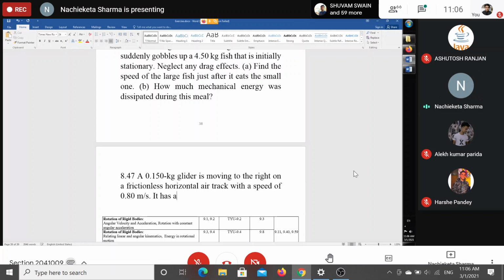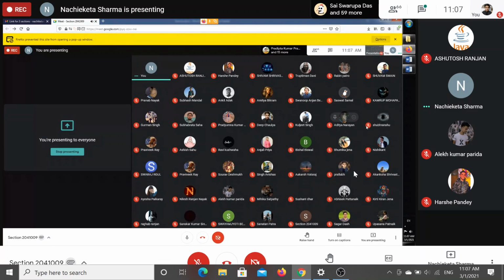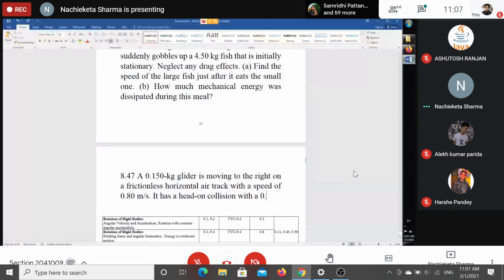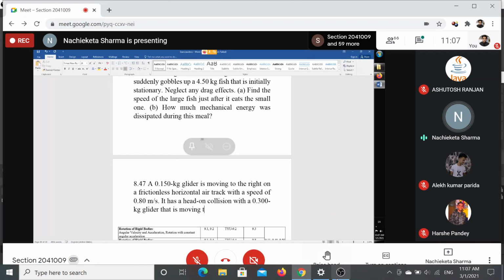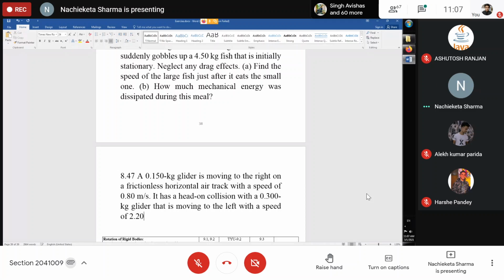It has a head-on collision with a 0.300 kg glider that is moving to the left with a speed of 2.20 meter per second.